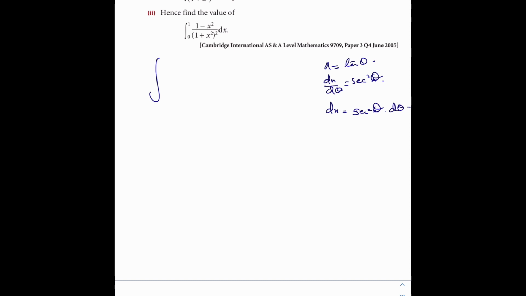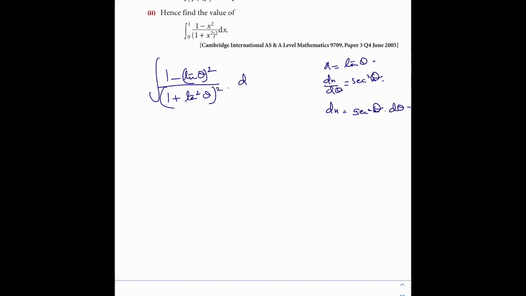1 minus x square is 1 minus tan square theta, so we have (1 minus tan square theta upon 1 plus tan square theta) the whole square dot dx.